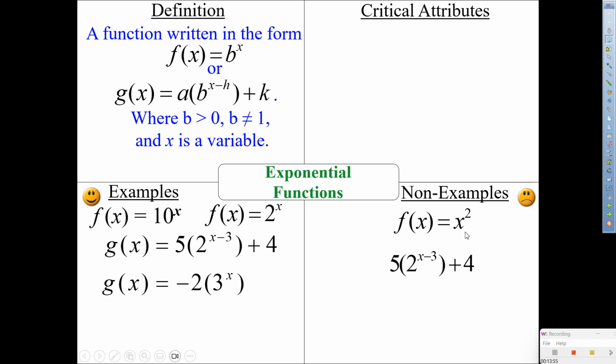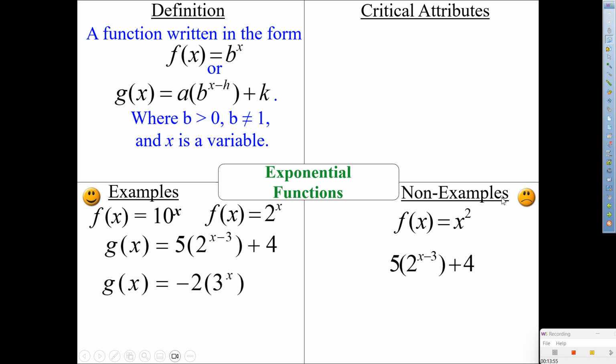Tell your neighbor why, first of all, this one is not an exponential function. Talk to your neighbor. Why is the first one not an exponential function? All right.